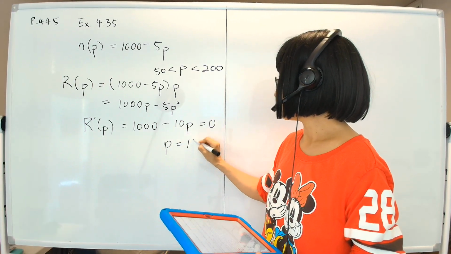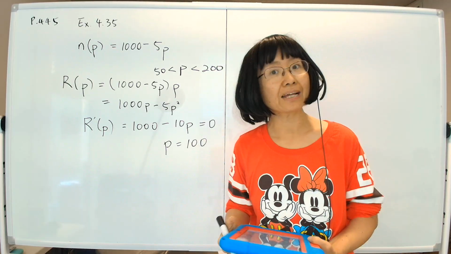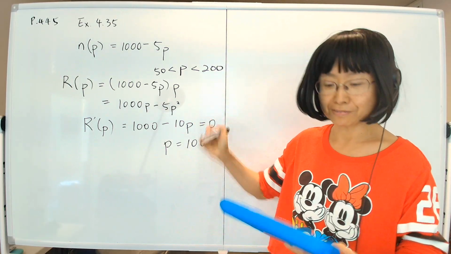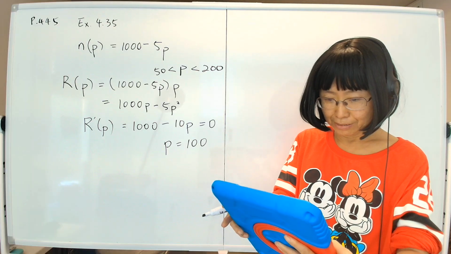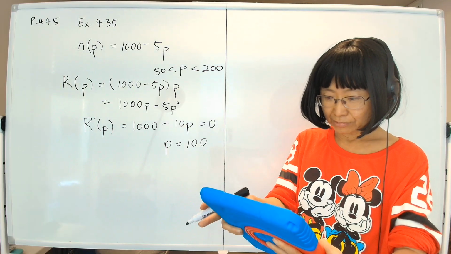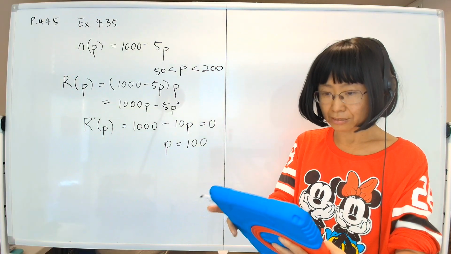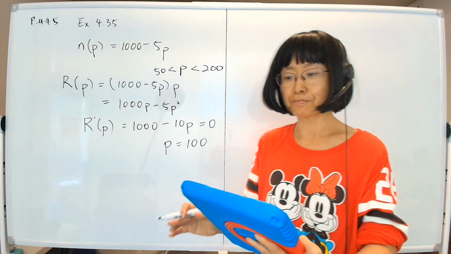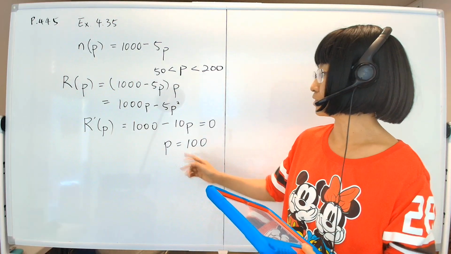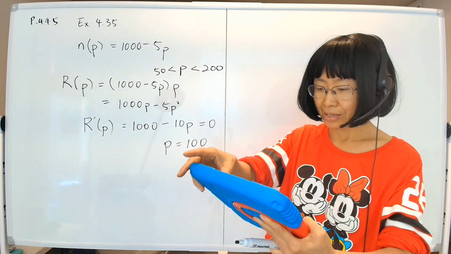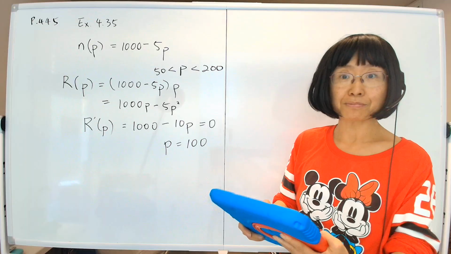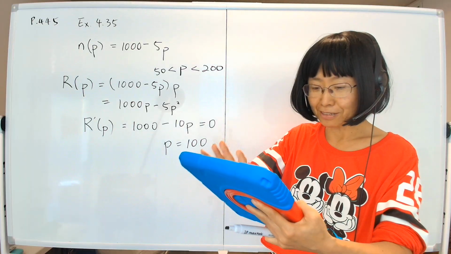So the price, when you set it at $100, would give you the maximum profit. Did they even ask what the maximum profit is? No, they did not. The question asks how much they should charge to maximize the revenue. So $100 a day, and that should do it. They didn't ask what the maximum revenue is, so we're not going to wear ourselves out doing that.